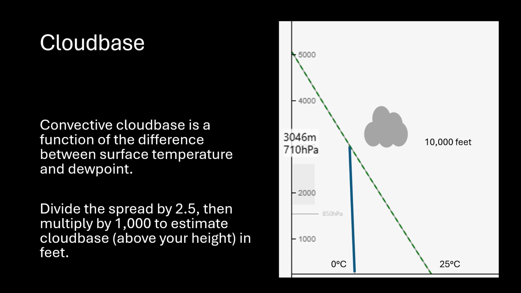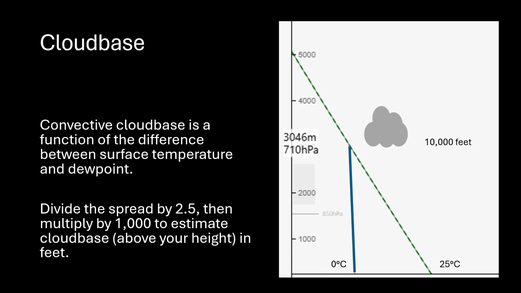Indeed, because we always apply a standard rate of temperature decline to each of the two key temperature figures, the dew point and the air temperature, then we can predict how far above us the two lines will meet if we know the air temperature at our height and the dew point.